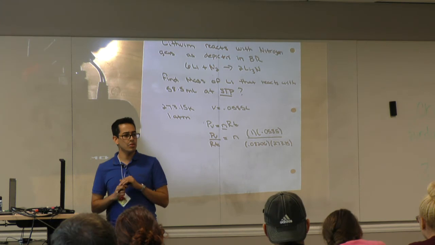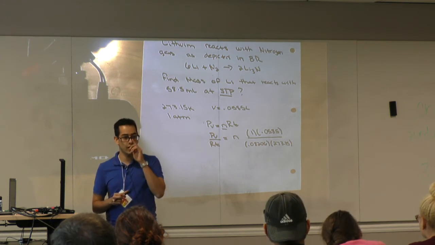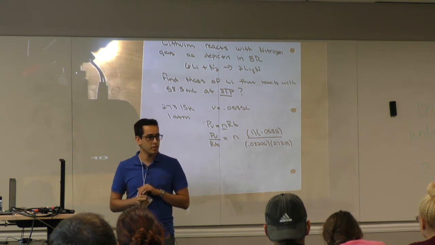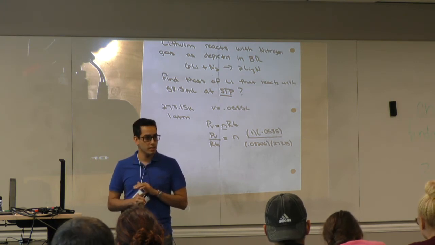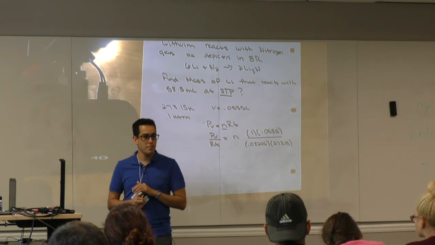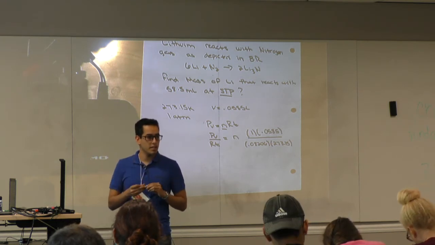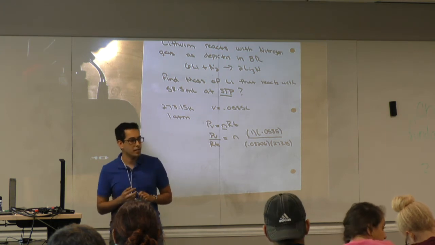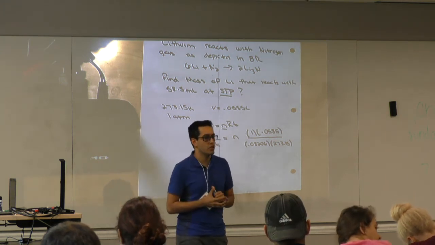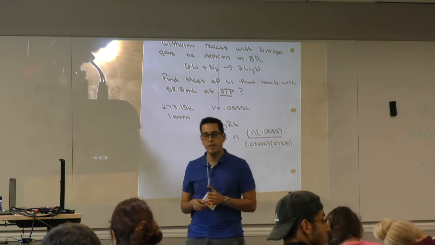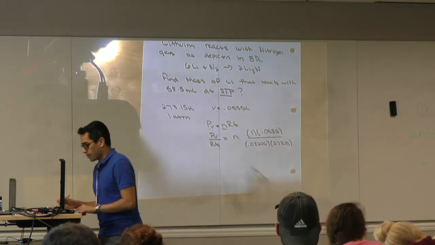Actually, can someone double check for me? Because now I think it's 293. I think standard temperature might actually be 25 degrees Celsius. Is it 25? I'm pretty sure it's 25. What was the question? STP, what is the temperature? It should be 25 degrees Celsius. My bad, guys. It's 25, so it's not 273.